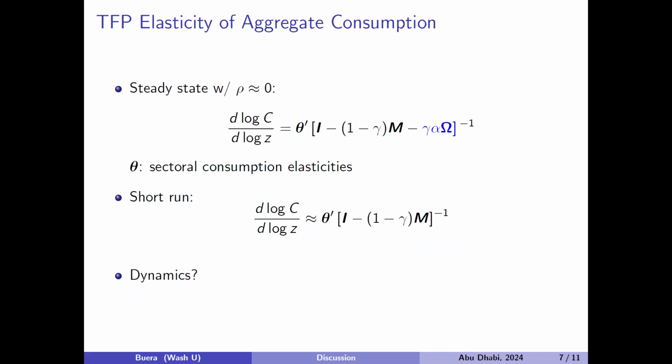Not only do you have one minus the IO structure, but you also have minus the investment network. In the steady state, you can think of capital as another intermediate input, so you get an expanded IO matrix. And the result will be exact in the non-discounting case.